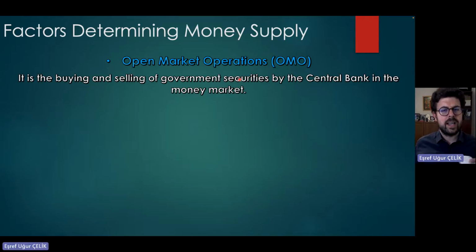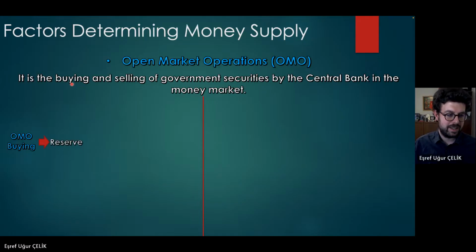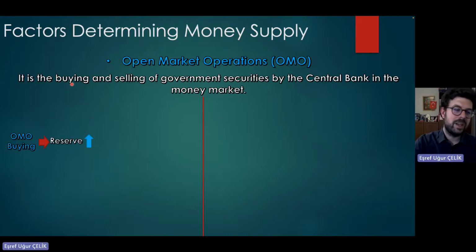Okay, I'll start again. Maybe I told it wrong, I'm not sure. Let's start with the buying part. Or I can show it in detail, it's easier to understand. For example, open market operation buying. Okay, let's start.